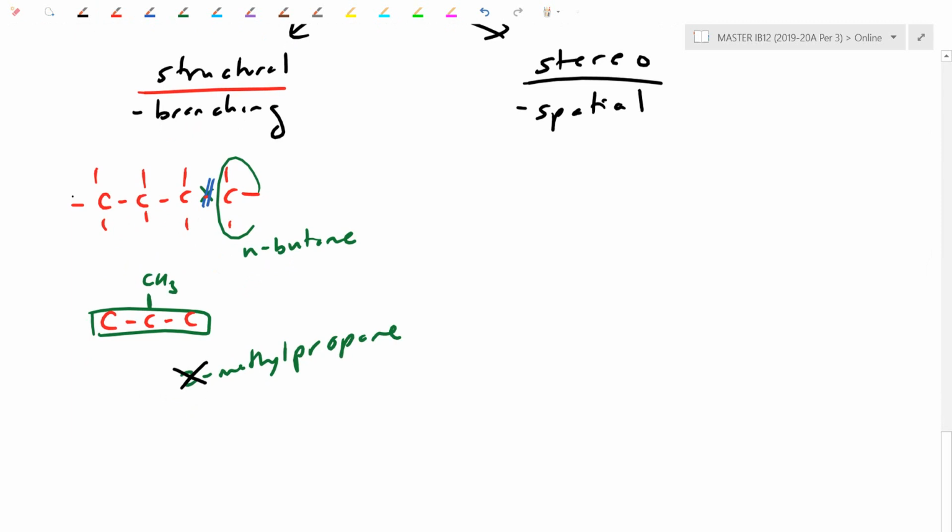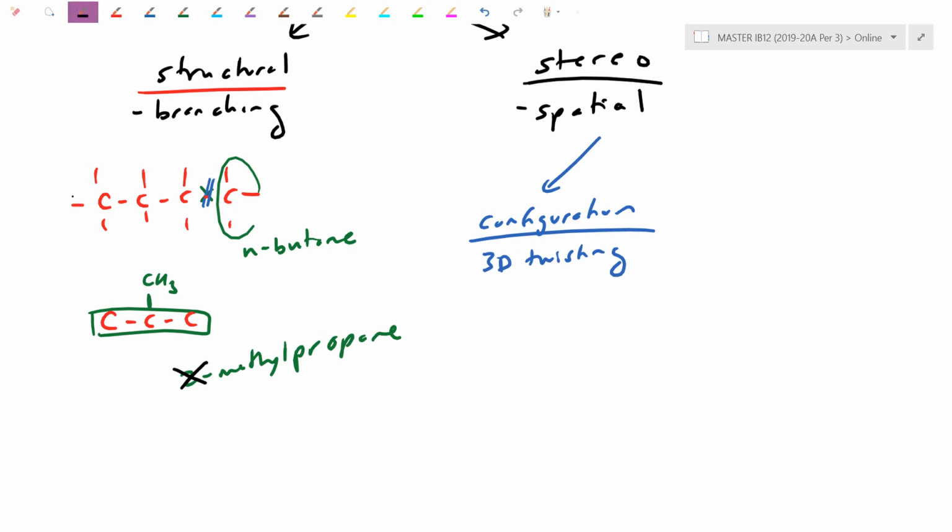So what we're going to have here for stereoisomers, a subcategory, we can call them configurational isomers. Configurational isomers just means 3D twisting around a single bond. So for example, let's take that 2-methyl propane from earlier. If I started off like this, and later on, because all these single bonds twist no problem, it ends up looking like this, that is a configurational isomer.